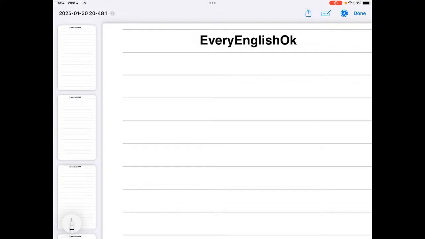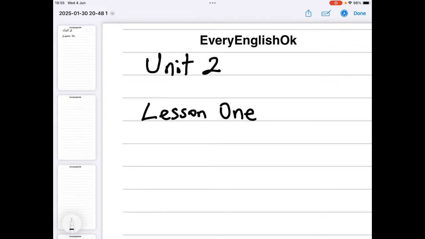Now, let me continue. We practice the target sentence, how to ask how is the weather, and then how to reply it's what and what. So I'm just going to take note here. Unit 2, today I'm doing lesson 1, and the target is how to ask.